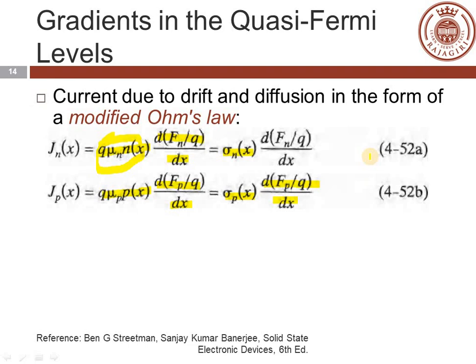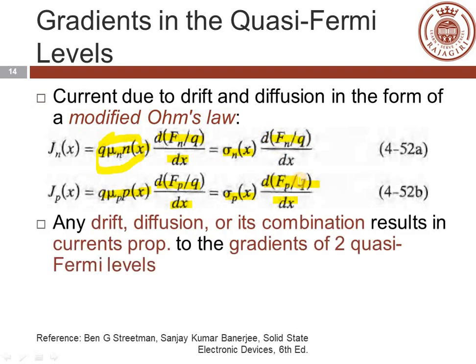If you go back to the previous equations, we have both drift and diffusion components. Now we have summed up those drift and diffusion components into a single term, called the gradient of the Quasi-Fermi level. So if there is any drift, diffusion or their combination, the resulting current will be proportional to the gradients of the two Quasi-Fermi levels.